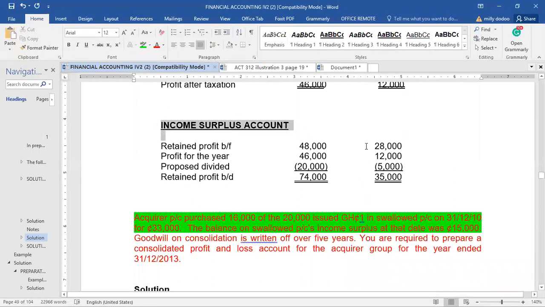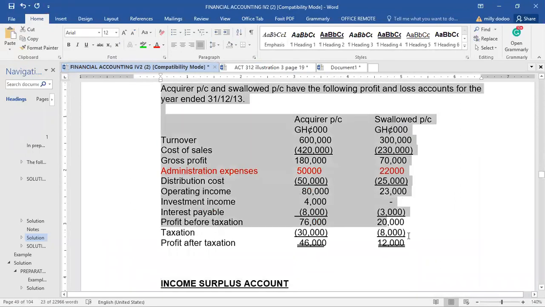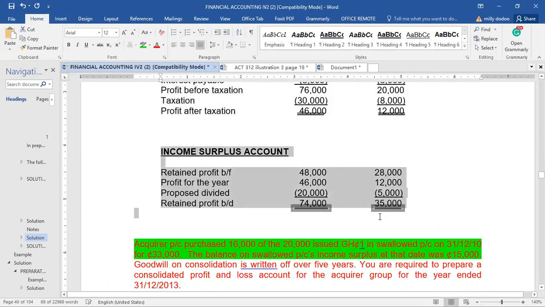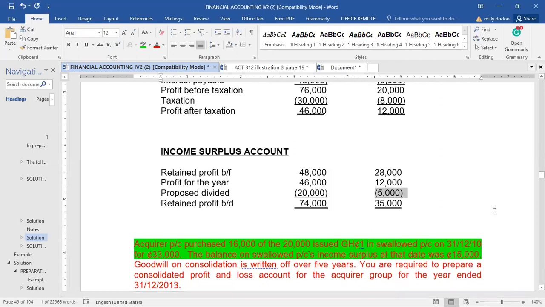You can see that in the first illustration we did, they gave us only the profit and loss. Here, you were given the income surplus and then the profit and loss. When you look at the account, the dividend declared for the year by Swallowed is 5,000.